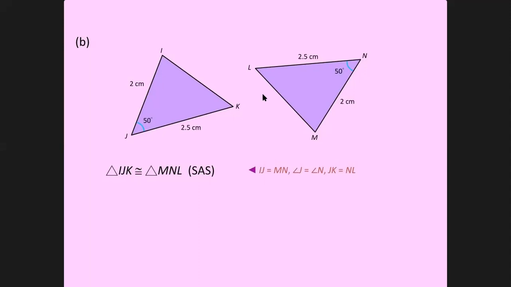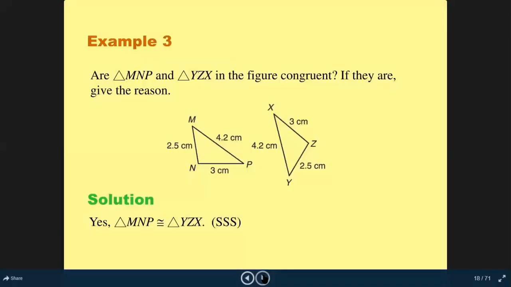Yes, because they have SAS, side angle side. We have two sides and the included angle: IJK equal to MN, and angle M equal to angle L. So we have two sides and the included angle.